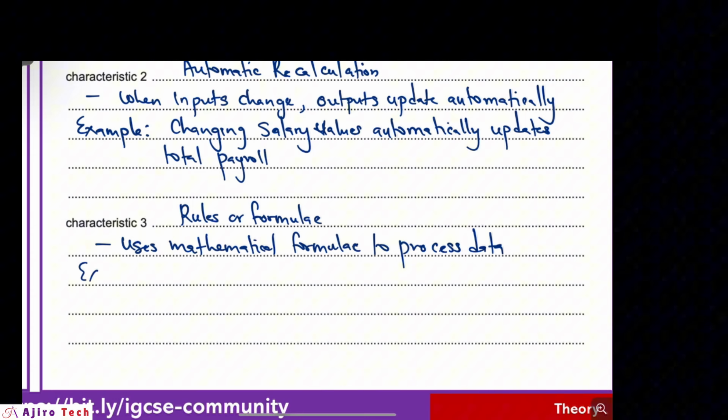I'll give you an example. Profit is equals to what? Revenue minus cost. Okay.